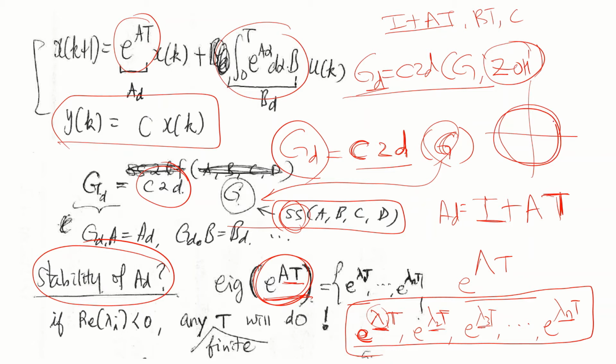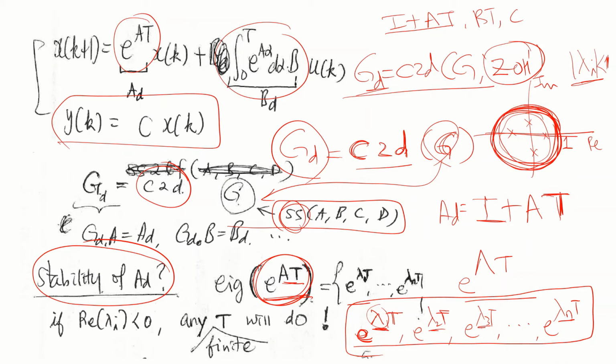Basically, what you need in discrete space is to have all the eigenvalues inside this circle. This is real, imaginary, and we know the size of λ should be less than 1. The size of λ is defined by the circle, and we need this unit circle for stability because of this 1. So if all the eigenvalues are inside the unit circle, then we can say this discrete system is stable.